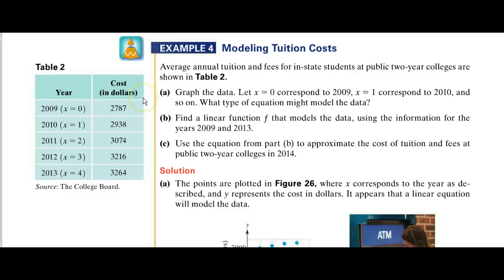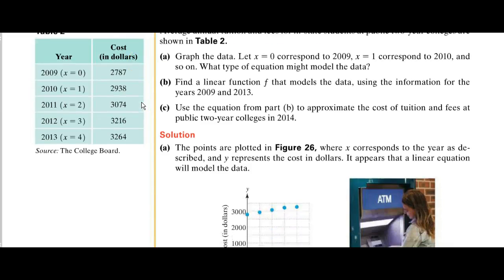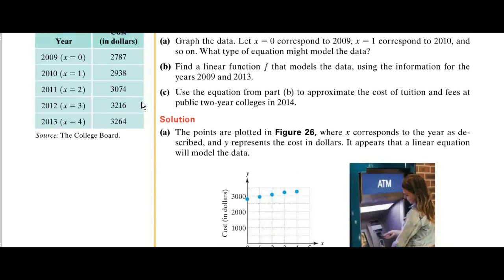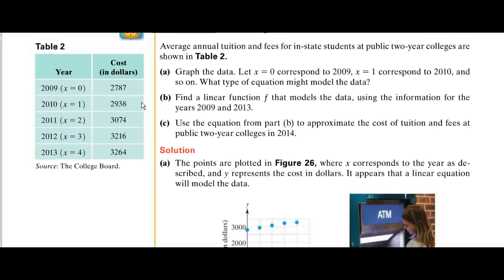So we're asked to make a graph of this, and they do have a graph here. And then we're asked to find an equation of that graph so that in a future time we might be able to predict what it would cost.